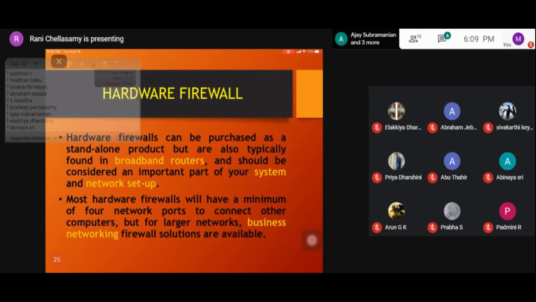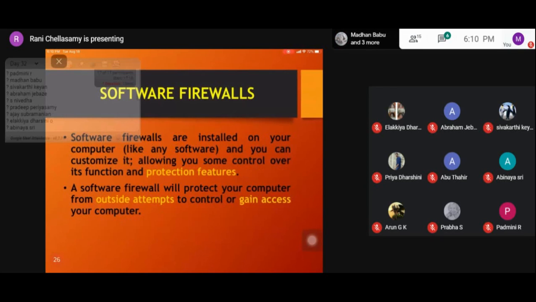So most hardware firewalls will have a minimum of 4 network ports to connect other computers. But for larger networks, business networking firewall solutions are available. Okay, fine. So based on the requirement, the ports will be available on the network. Software firewalls are installed on your computer, like I have mentioned earlier.